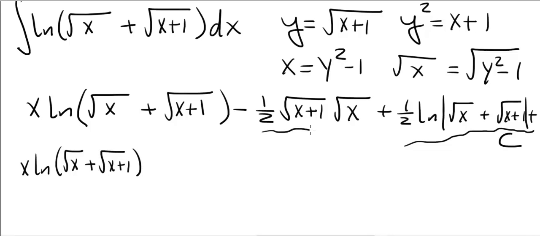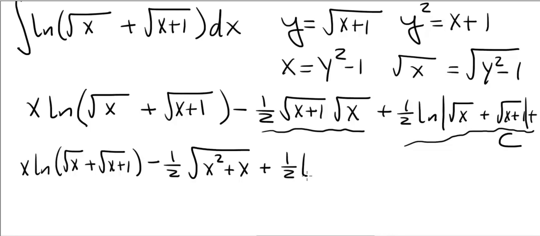And then we can combine, since both of these are under the radical, we can write this as minus 1/2 square root of x squared plus x, and then plus 1/2 times the natural log of square root of x plus square root of x plus 1 plus c.